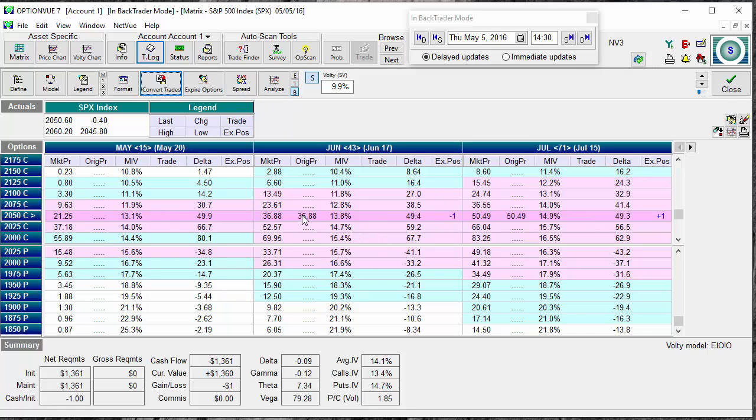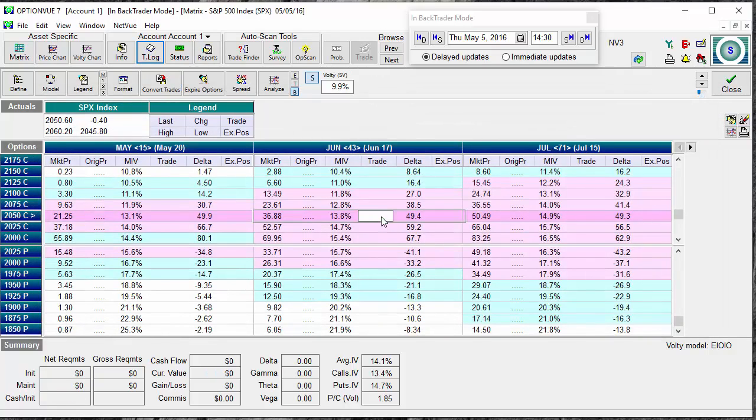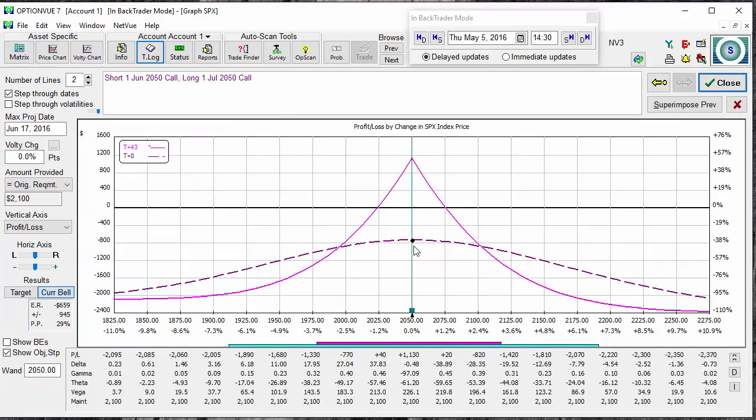So if I get a worse fill, I do not get as much credit on the front month, and I have to pay up a lot on the back month. Big negative skew, right? Huge negative skew. If I convert that trade, look at that. Just the pricing alone can really devastate a trade.